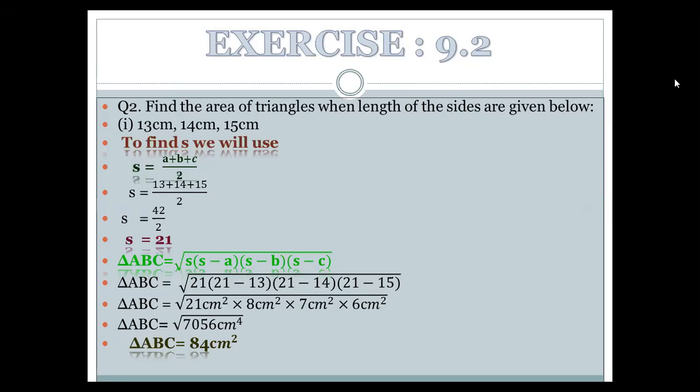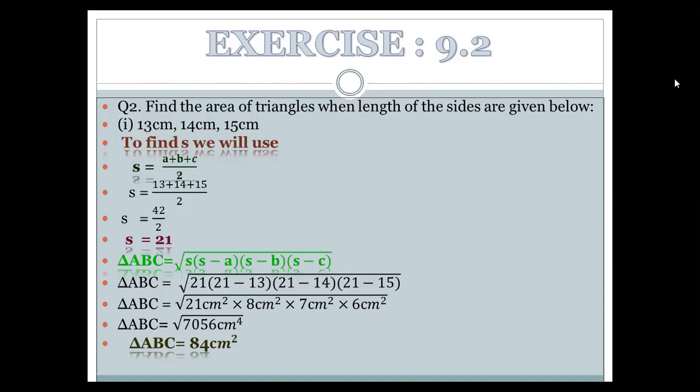First, we calculate S. The formula of S is what? A plus B plus C by 2. You add these three sides, you divide it by 2, and you will get the value of S, which is 21. Now, according to the formula, we need S minus A, S minus B, and S minus C. Every time you will subtract A from S, then subtract B from S, then subtract C from S. 21 into 21 minus 13, 21 minus 14, 21 minus 15.